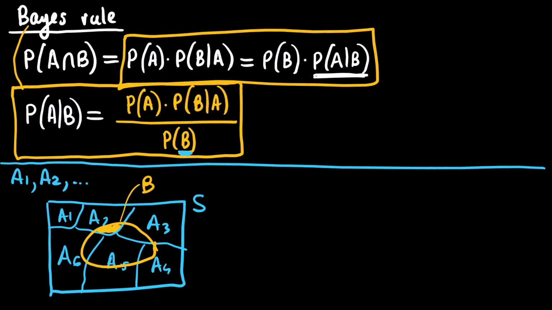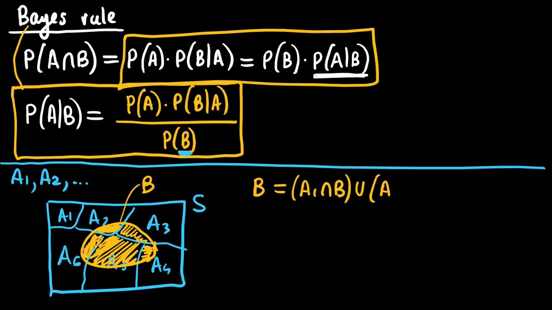B intersection with A3 is this part, right? And you recall that we've looked at this before. The point is that B intersection with Ai gives us pairwise disjoint sets, and their union is B. And then we can write B as the union of all these sets. The first one is A1 intersection with B, the second one is A2 intersection with B, and so on.